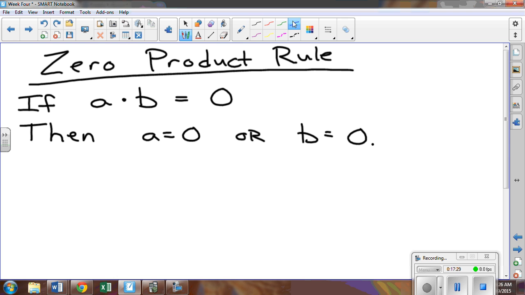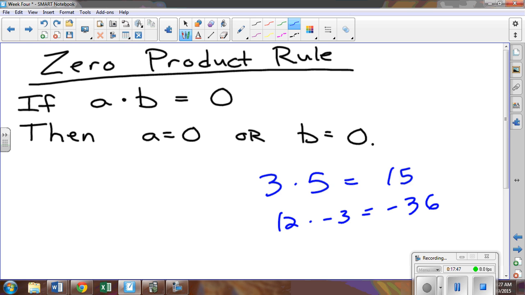Using some perhaps silly examples, you take 3 times 5. Do you get 0? No, you get something that's not 0. You take 12 times negative 3. That's not 0 either.